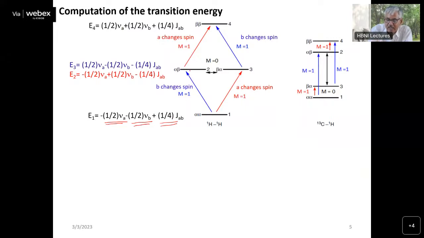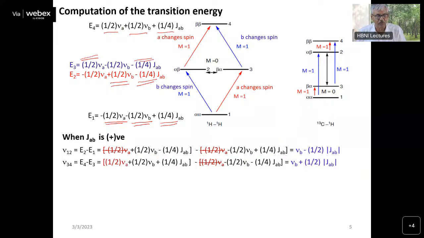And you can see this is alpha beta, so this is always negative, this is also negative, because one is plus, another is minus. Similarly here one spin has changed, here this spin has changed. And here you can see both of them have changed. So now I have defined the spins, the corresponding transitions and their energies.